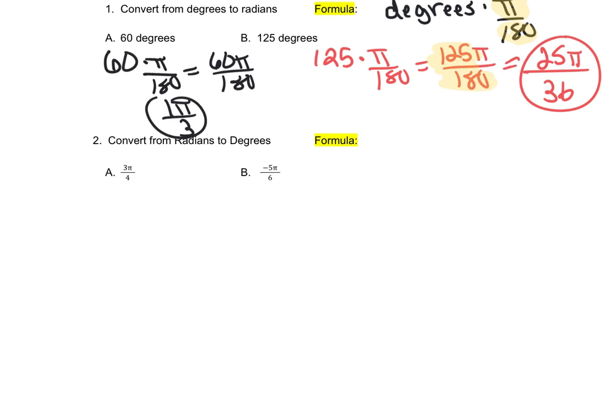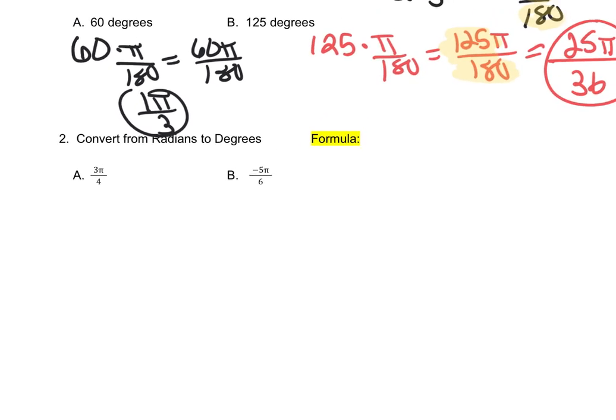Okay, and then if we're going to go the other way, we are going to go from radians. Radians are in terms of pi, so these two questions here are both in radians because they are in terms of pi. Instead of multiplying by pi over 180, we're just going to go the other way. So we are going to take our radians and multiply them times 180 over pi.